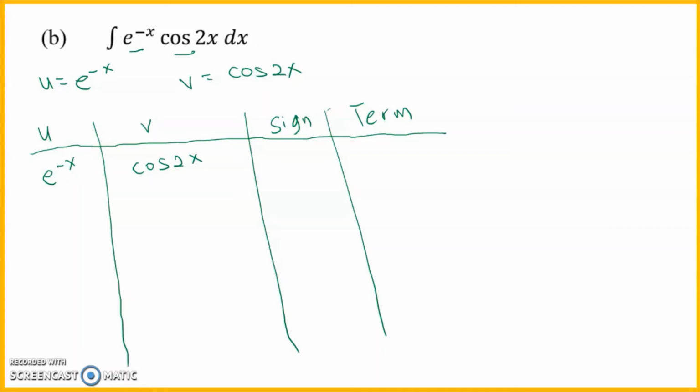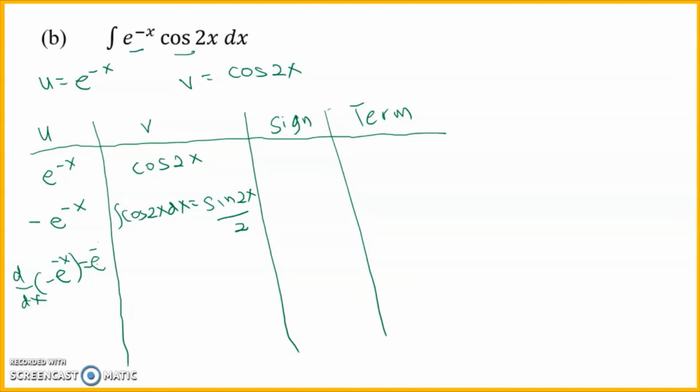Let me differentiate e to the negative x. I get negative e to the negative x, and integrate cos 2x. We get sine 2x over 2. Differentiate negative e to the negative x again, we get e to the negative x.